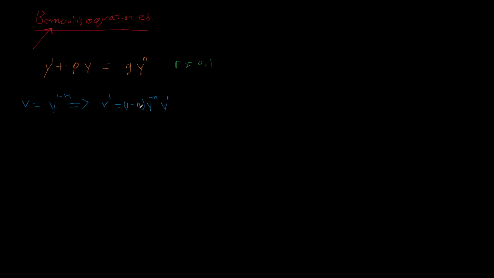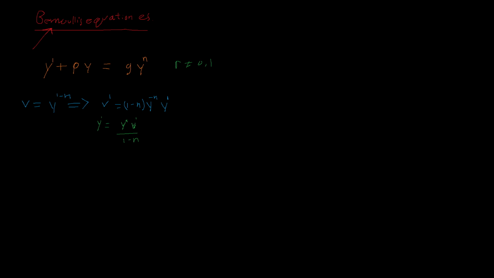So now what do we do? Well, we can go back and find that y prime is equal to y to the power of n times v prime over 1 minus n. And so what we want to do is start substituting these values in here.